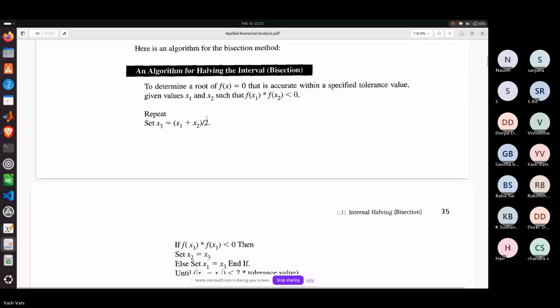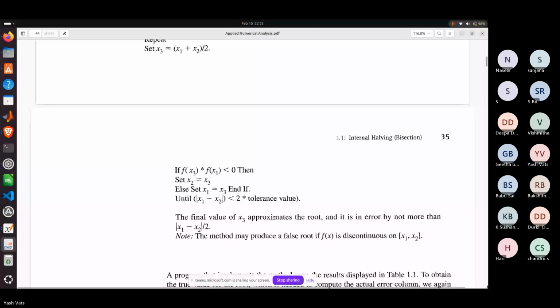If f of x3 times f of x1 is less than 0, then you set x2 equal to x3.